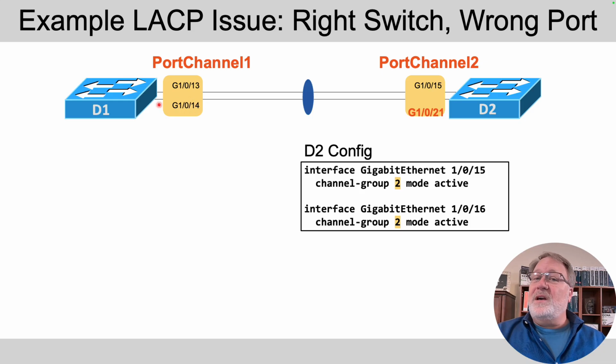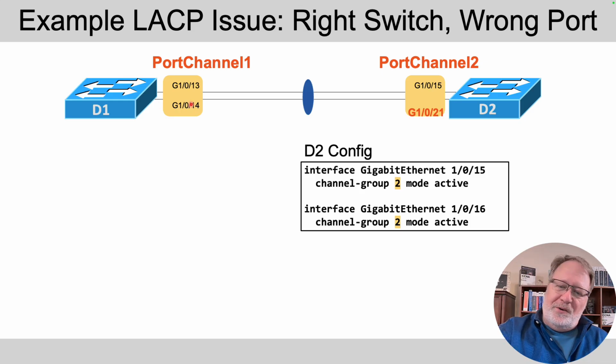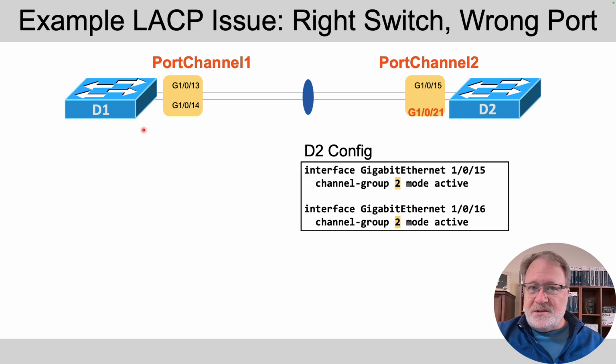Whereas if instead we had gone with the static config with keyword on, D1 would have bundled up port 14 and tried to use it. So as you can see, using LACP in this dynamic method is superior in this case because it helps you avoid using a link that just won't work and dynamically figuring that out and avoiding the mistake you made with your cabling.